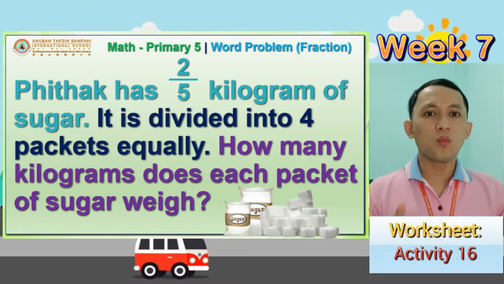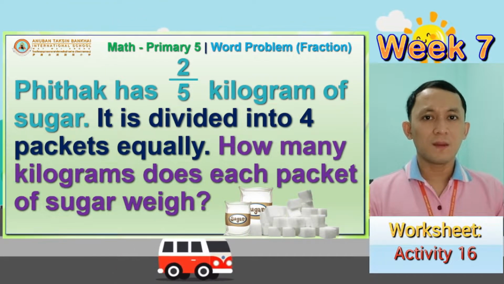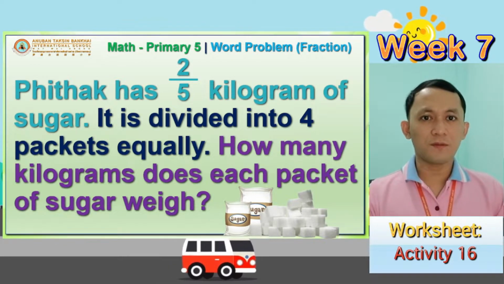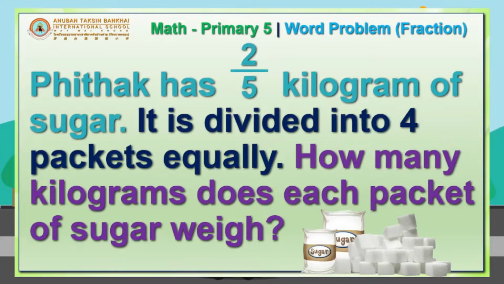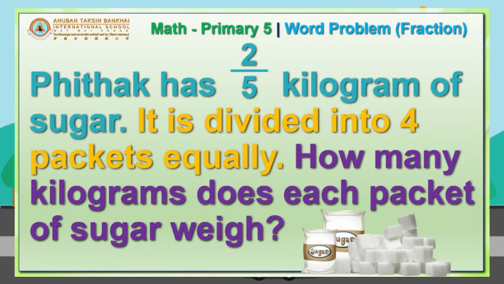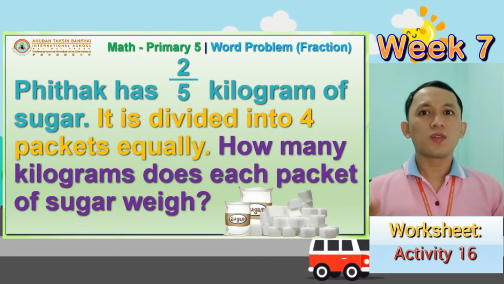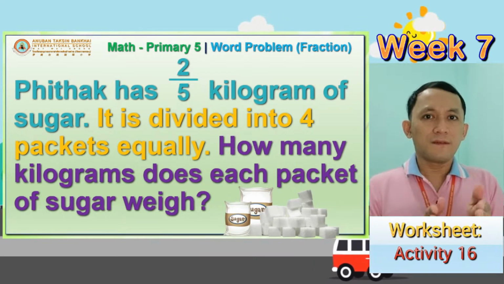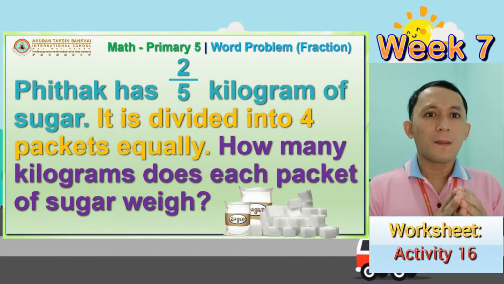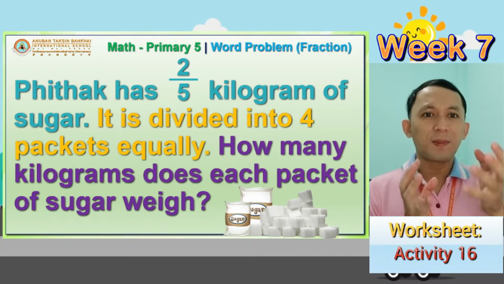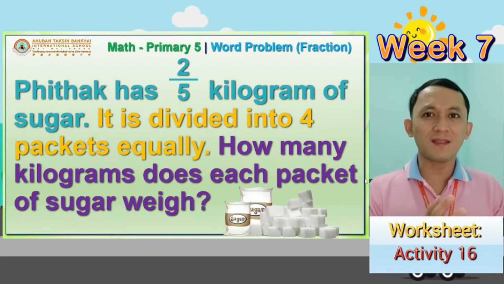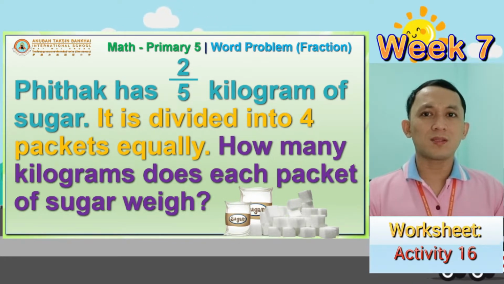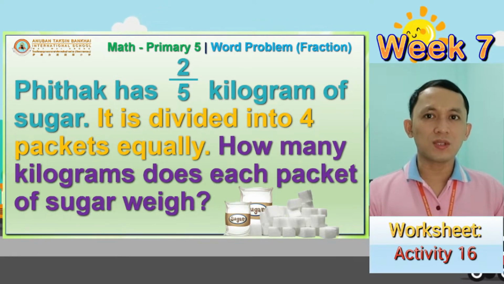So that is one given information. Do we have another information? Yes, it is divided into 4 packets equally. The sugar was divided into 4 packets, put in plastic bags, and all of those packets were equal to each other.